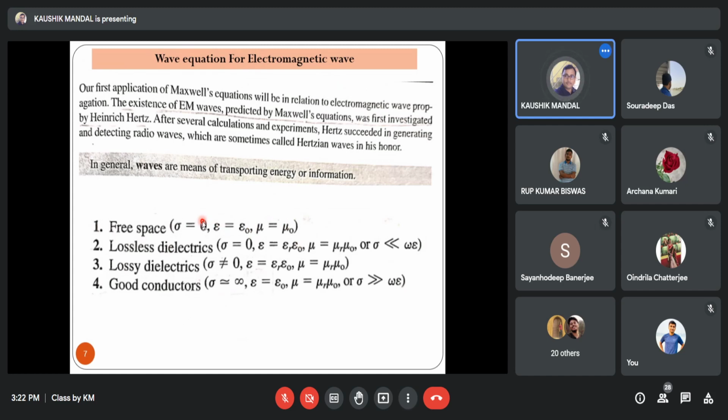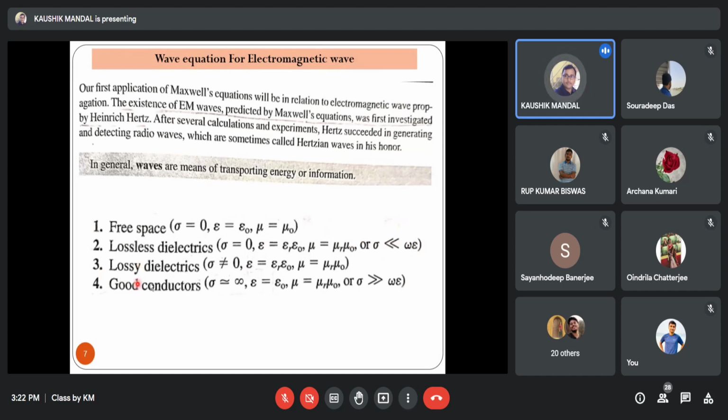Now in case of lossless dielectric, this sigma is also 0, and mu will depend on the corresponding relative permeability. So epsilon equal to epsilon r into epsilon naught, and mu equal to mu r into mu naught. As it is the lossless dielectric, the conductivity sigma should be much less than omega epsilon.